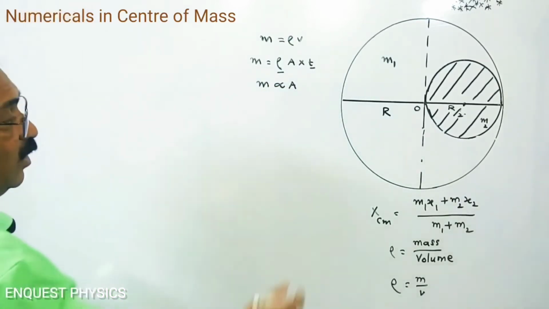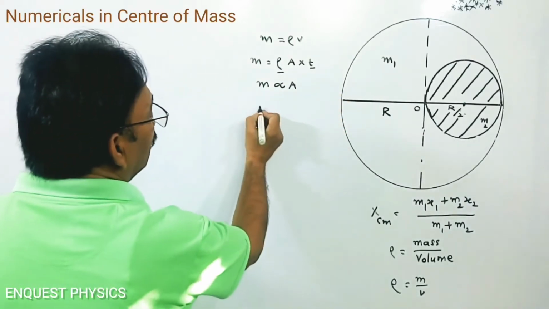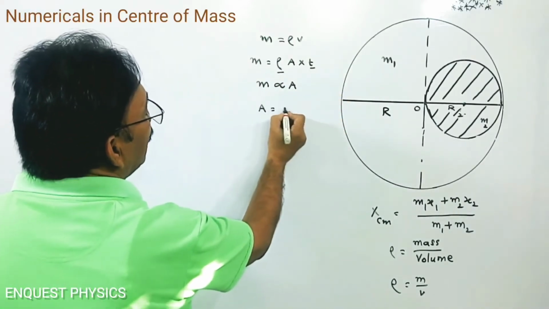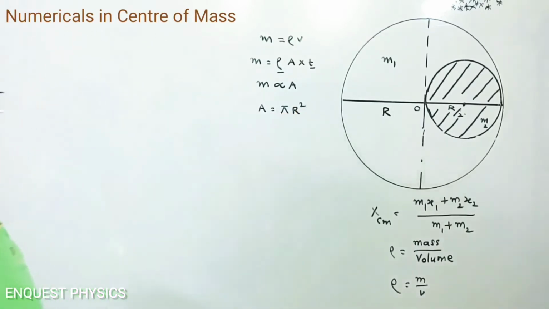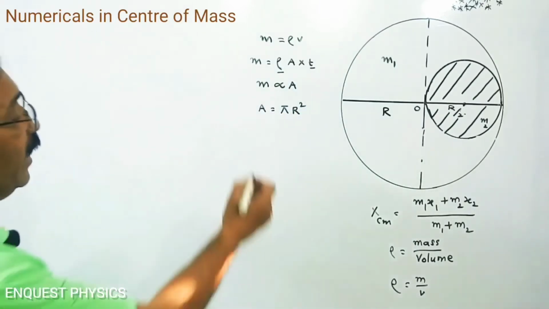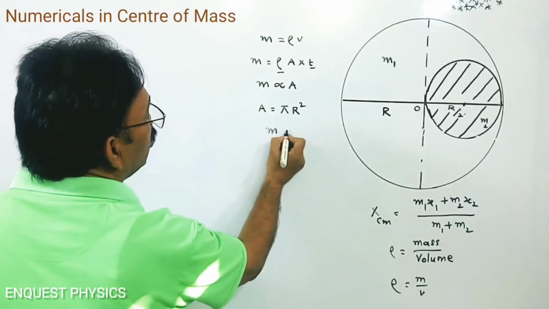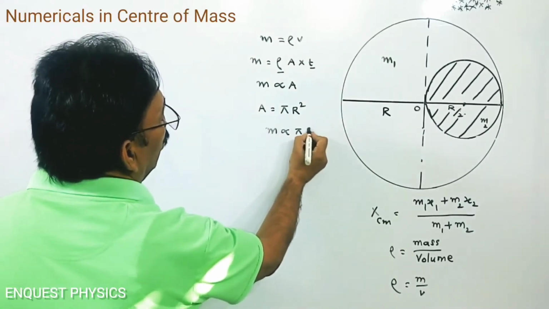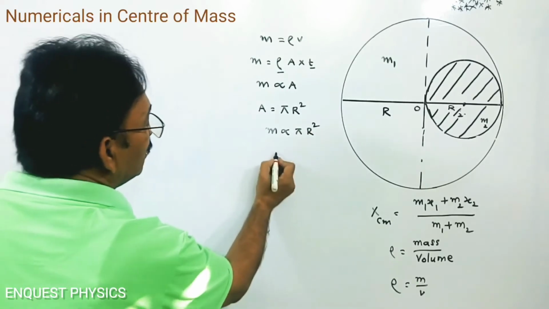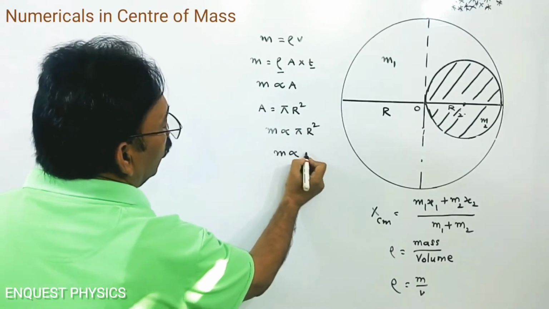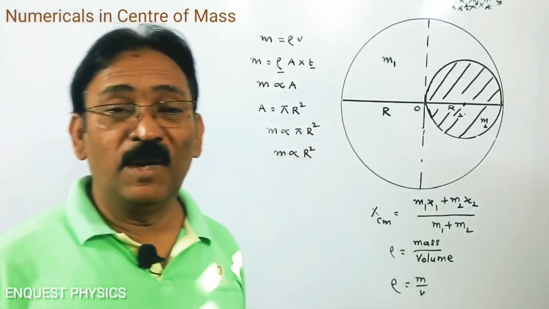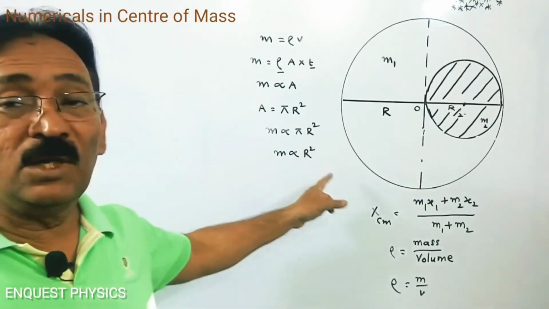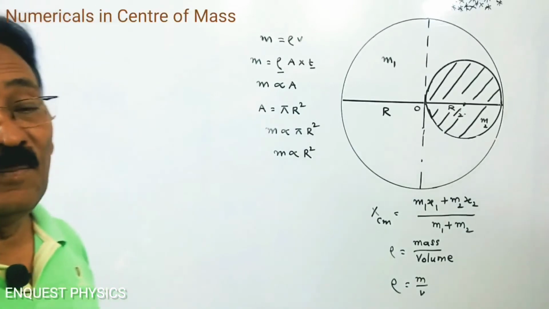A is the area of cross section. It is a circular plate, and you know that area is equal to pi r squared. Getting me, students? Means what we can write? The mass can also be written as pi into r square, where pi is another constant and mass is proportional to r square. Mass of the plate is directly proportional to the square of its radius.